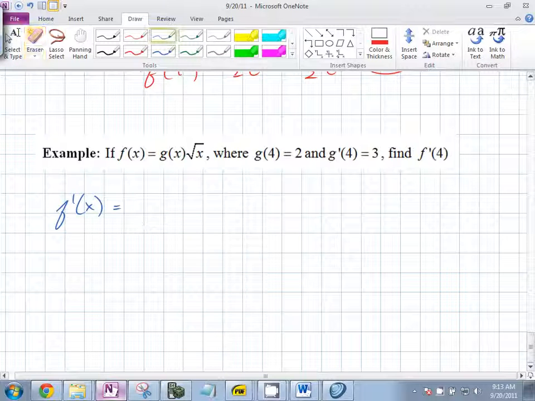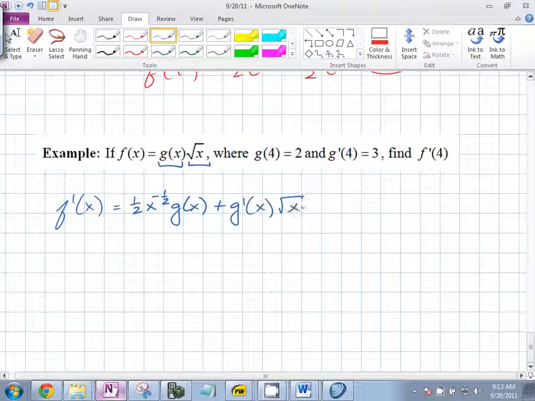Here's the first function, here's the second function. 1/2 times x to the negative 1/2 times g of x, plus what? What's the derivative of the other function? g prime of x times the square root of x. Yeah, exactly.